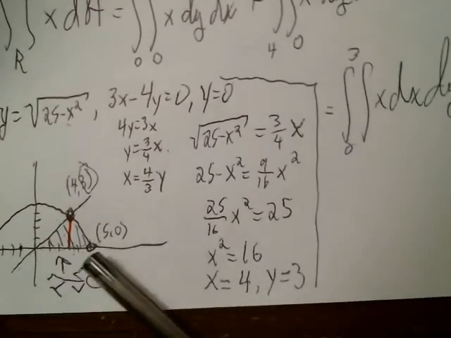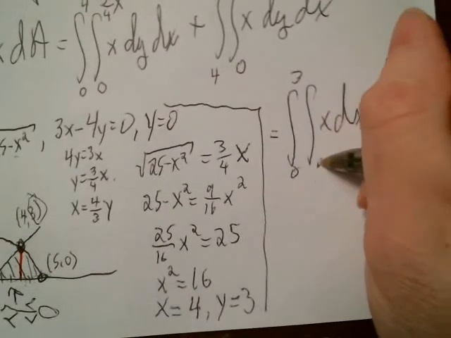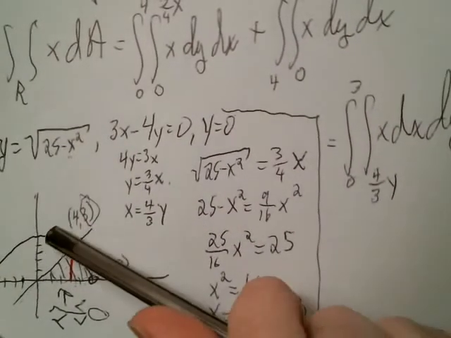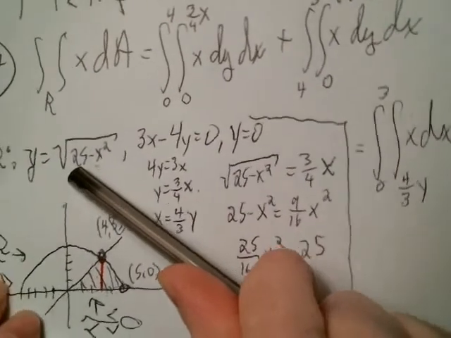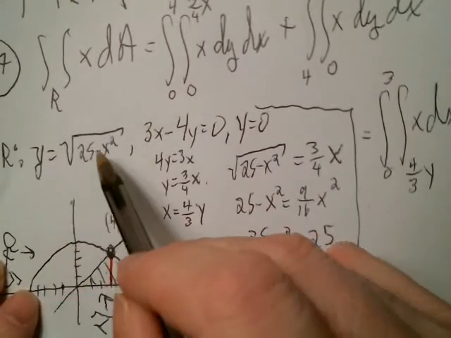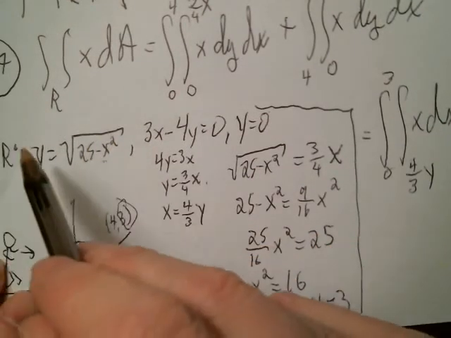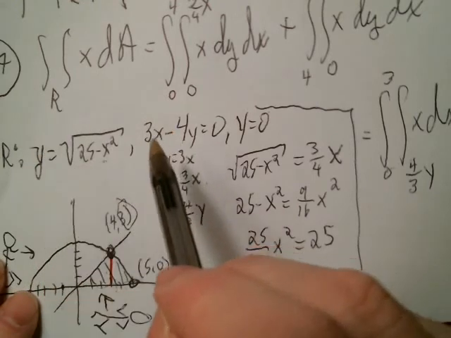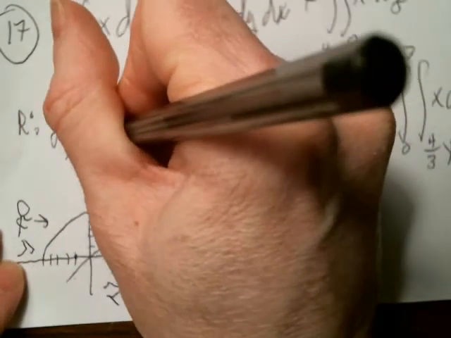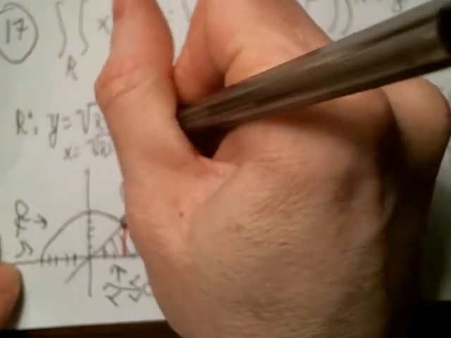So the bottom curve, I already found: x is 4/3 y. And then the top curve, I didn't really solve for that, but it's just taking this and putting it in terms of y, right? So square both sides, move the x squared over, move the y squared over, and you'll end up with x equaling the square root of 25 minus y squared.